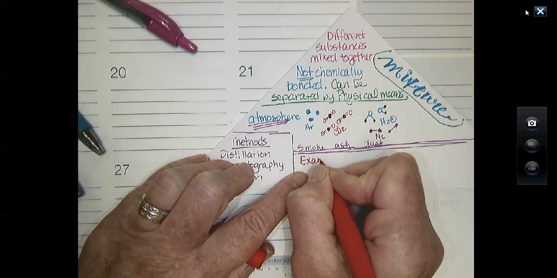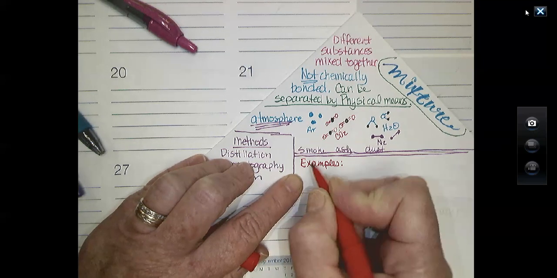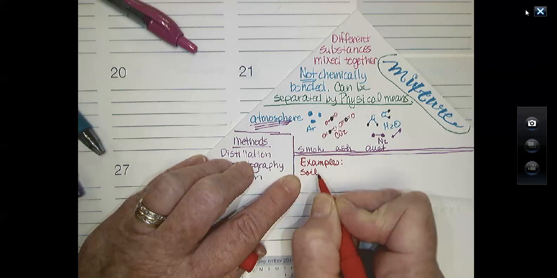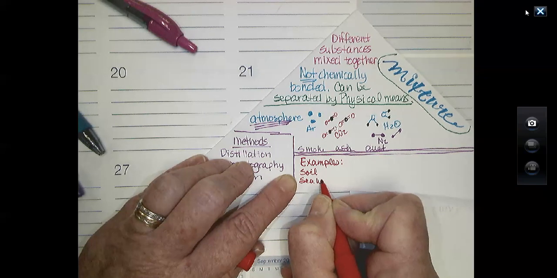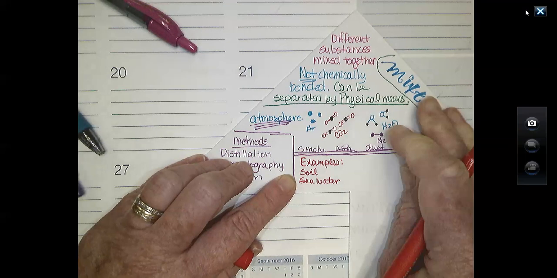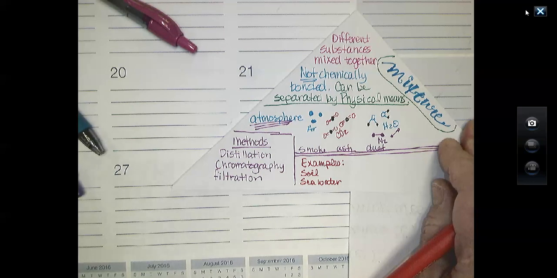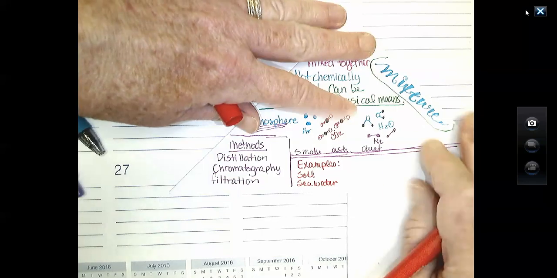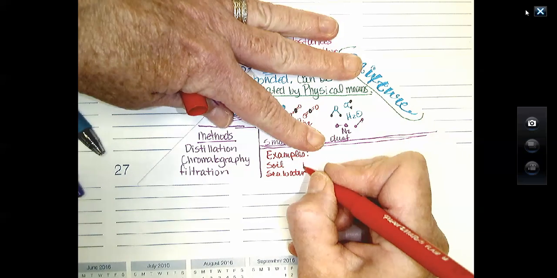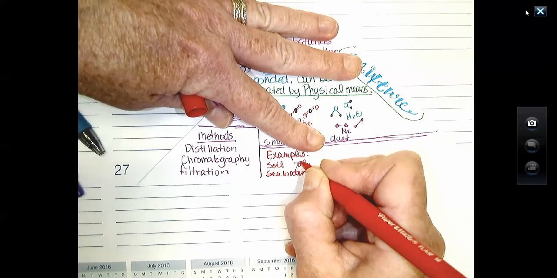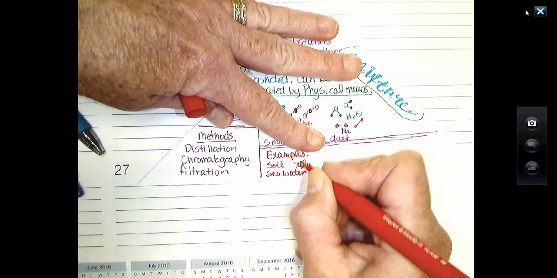Some examples of mixtures that you need to know are soil, seawater, the atmosphere, rubbing alcohol, like if it's a 70% rubbing alcohol solution, that's a percent sign.